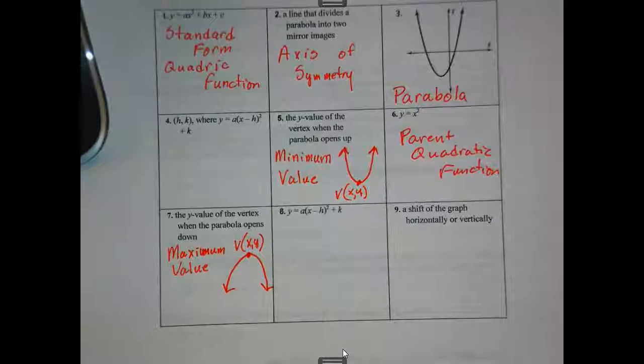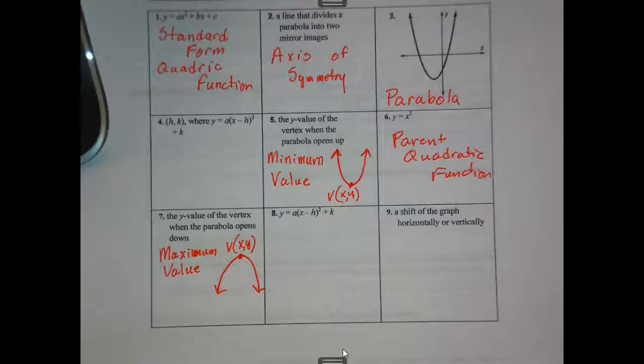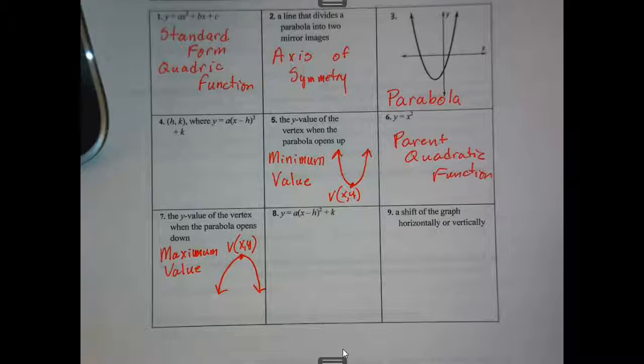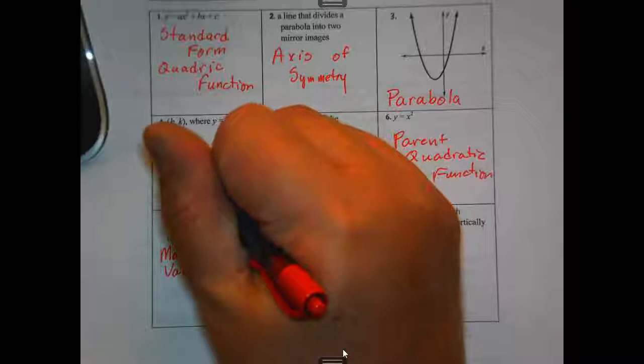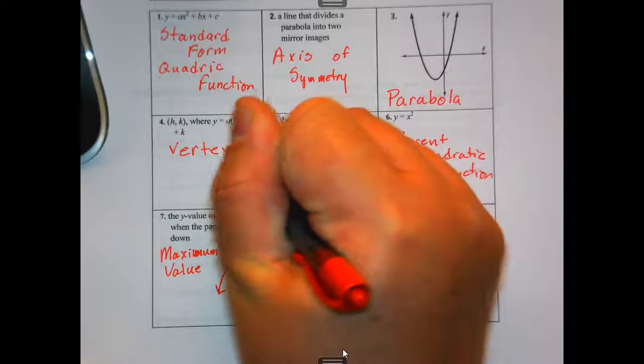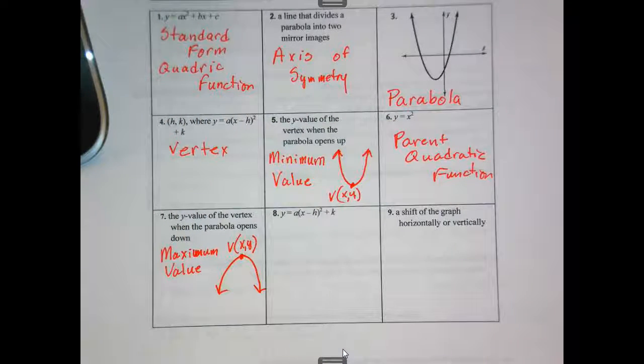Let's go back up to number 4. What's hk in the vertex form y equals a times the quantity x minus h squared plus k? Got that right? That is the vertex. hk is the vertex in vertex form.